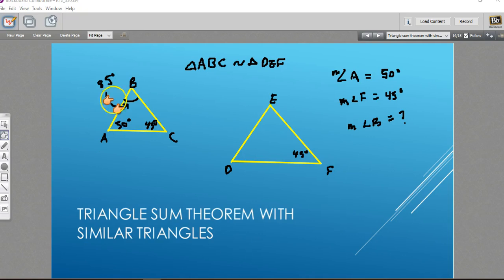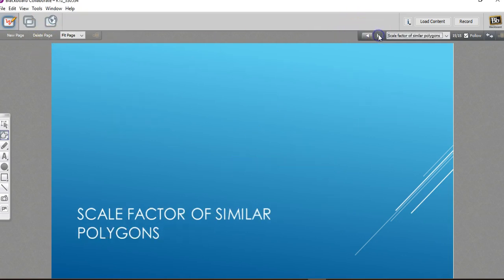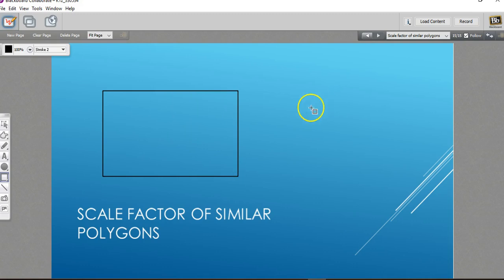Okay. Last question on the test is going to be dealing with scale factor of similar polygons. So let's say that we have two polygons here. And let's say they're two rectangles, more specifically. Okay? And they tell us, hey, first of all, this is rectangle ABCD, and that is similar to EFGH.